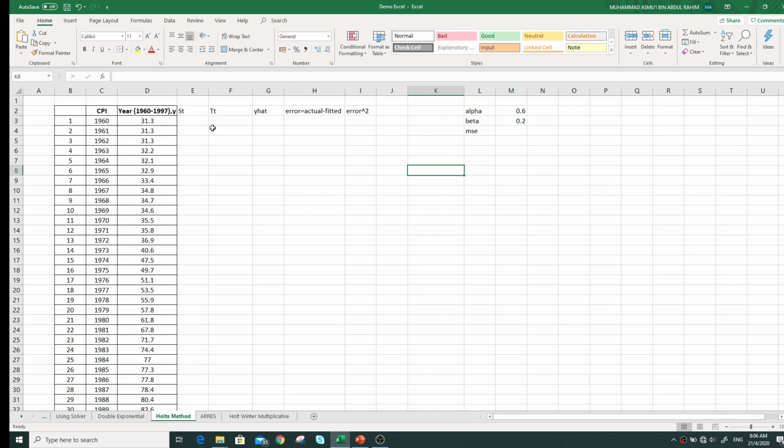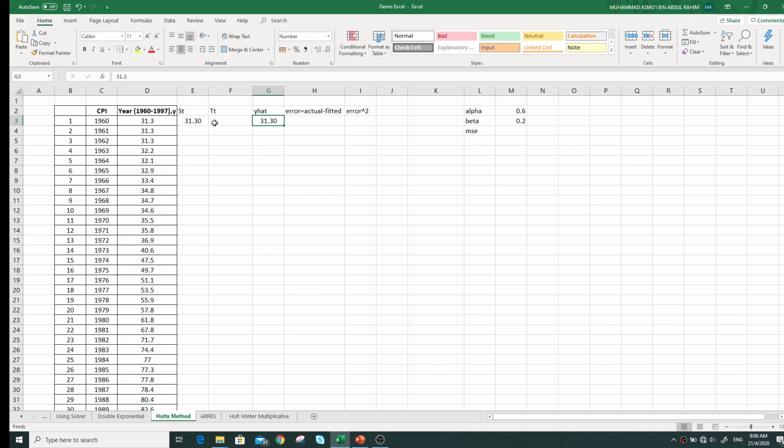You need an initial value to start modeling Holt's method. The initial value for St is equal to the actual value at t equals 1, so 331.3, and the y hat also uses the same value as our first observation.